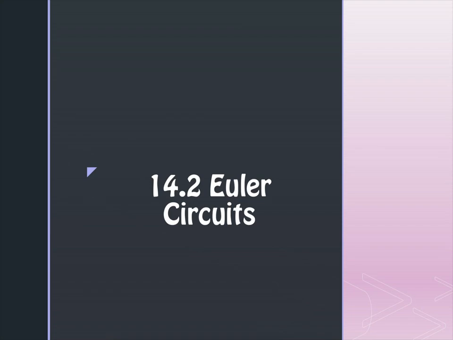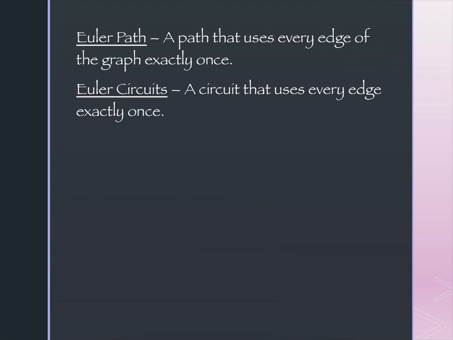So if you watched section 4.1, you would have seen what it meant to talk about a path and what it meant to talk about a circuit. But an Euler path specifically is a path that uses every edge of the graph exactly once. So it crosses all of the edges, and it doesn't cross any of them twice.